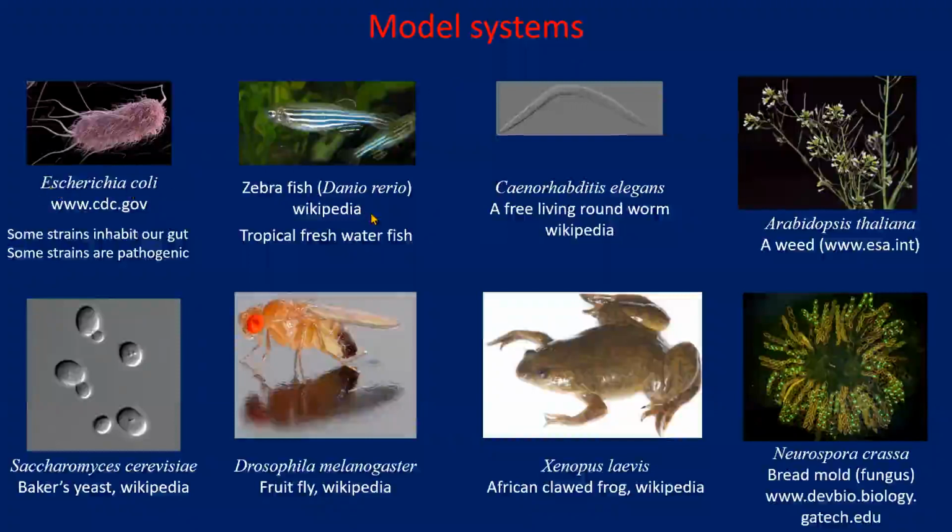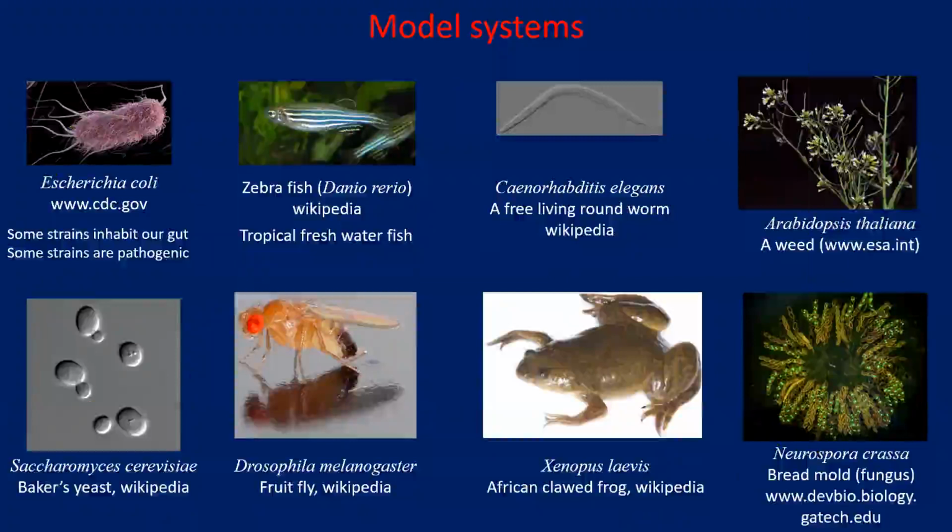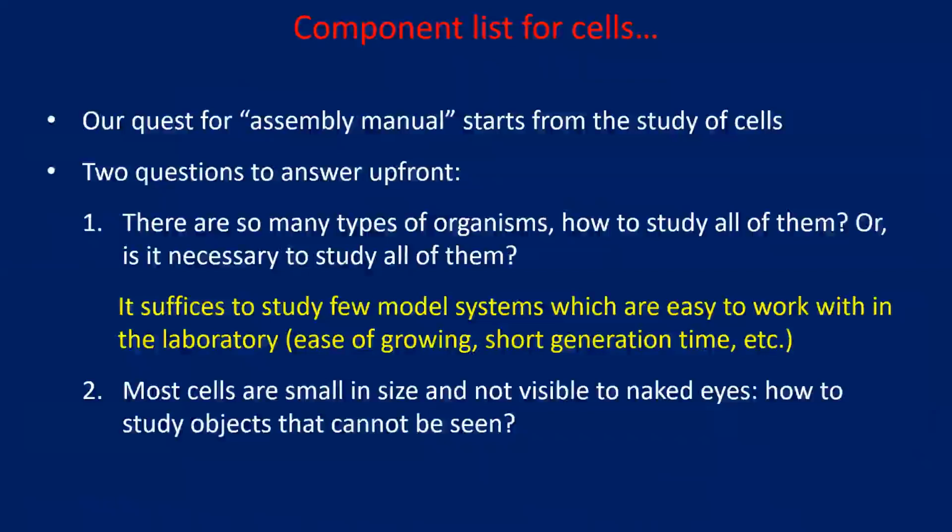Then most developmental biology labs, where they want to study how exactly the embryo develops into the full organism and what the developmental stages are, have a favorite organism, the zebrafish, and then you have the sea urchin and the weed. So these are the model animals or model systems. Over here, you study this, and after studying these model systems, one can know the components of the cell.